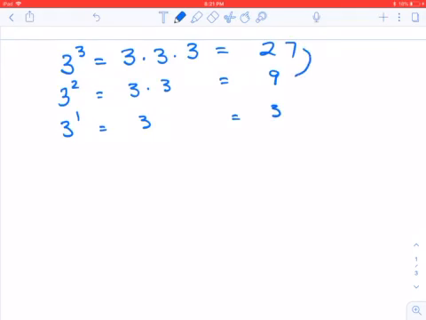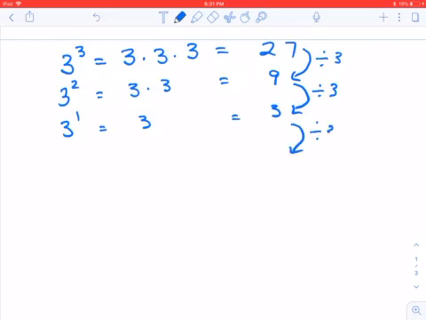Think about how we're getting from 27 down to 9. And if we're going to do the same thing to get from 9 down to 3, what's actually happening there if it's the same rule each time? We're dividing by 3. So 27 divided by 3 gets us to 9. 9 divided by 3 gets us to 3. So let's do that again.